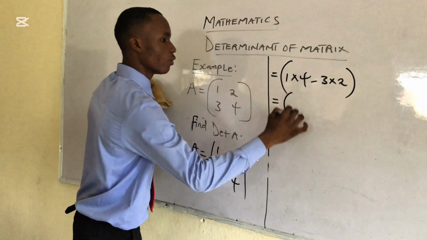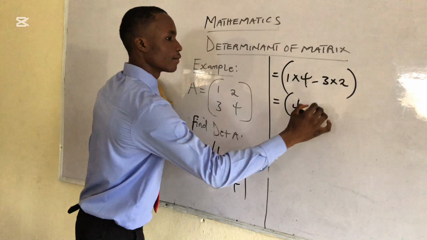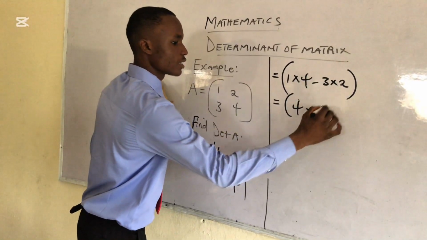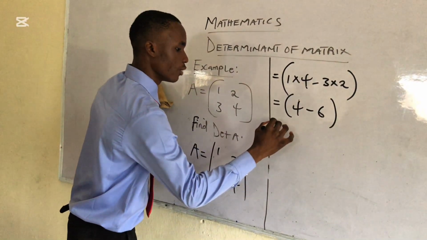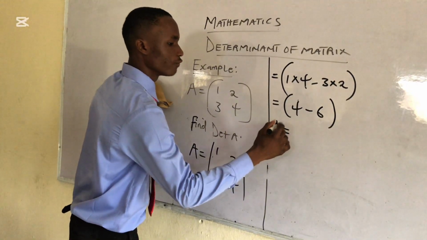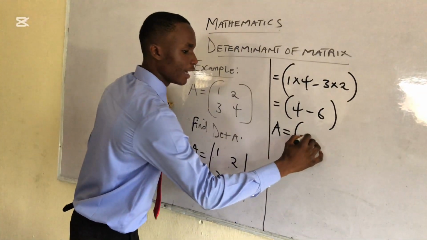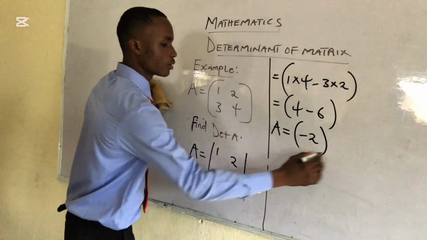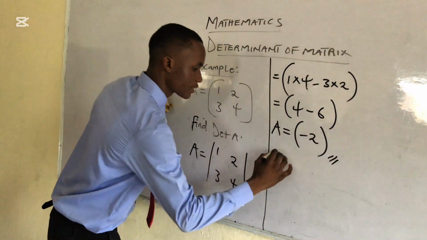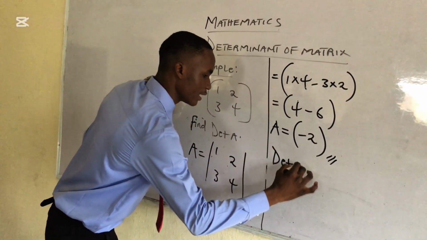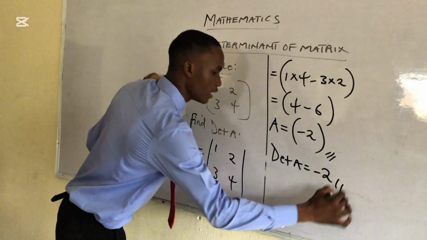So 1 times 4 is 4, and 3 times 2 is 6. So when we subtract, we have that the determinant of A is equal to minus 2. And that becomes our answer. So we have delta A equal to minus 2, and we're done.